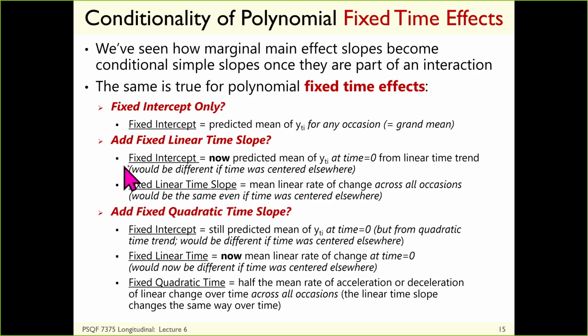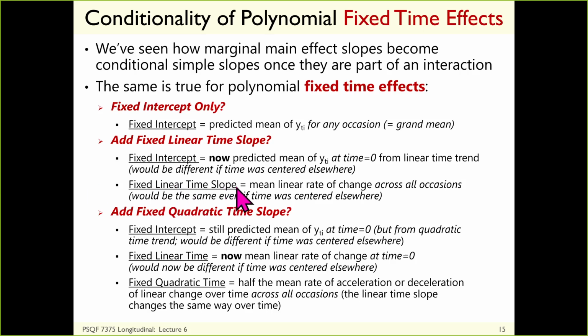In that case, the intercept is then conditional. The intercept becomes the predicted mean given by the line wherever time zero is. That's the new intercept. So the intercept from the empty model is not the same intercept from the second model, because they mean different things. So they will be different numbers because they are representing different quantities.